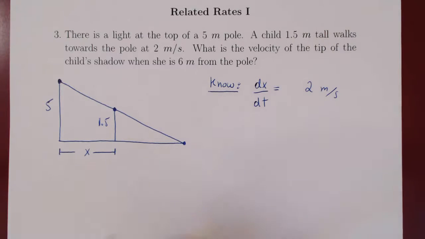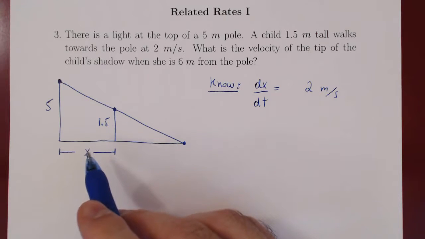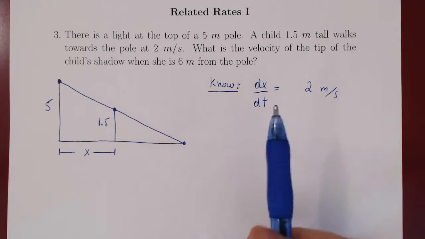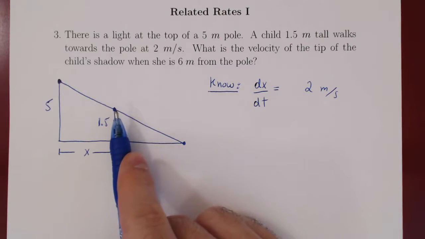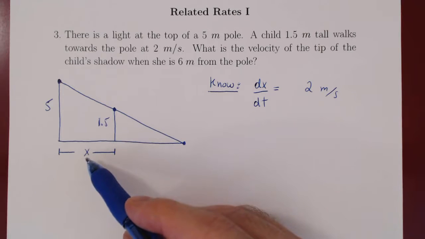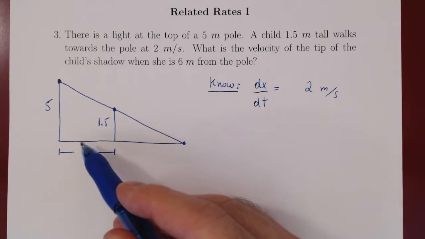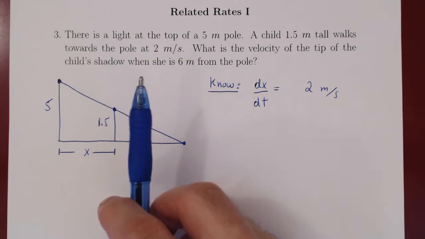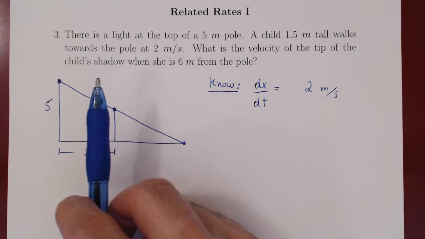But if you write this, this is actually wrong. Think of it. What happens to x over time? x is a function of time, but as time goes by, the child is walking towards the pole. Therefore, as time goes by, x is getting smaller and smaller. The distance between the child and the pole is shrinking.